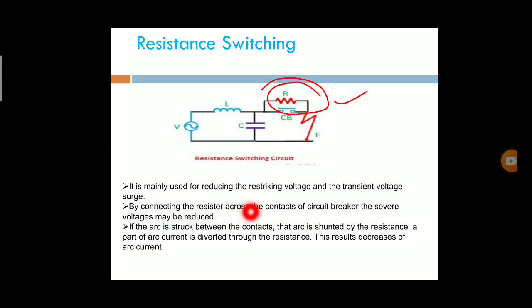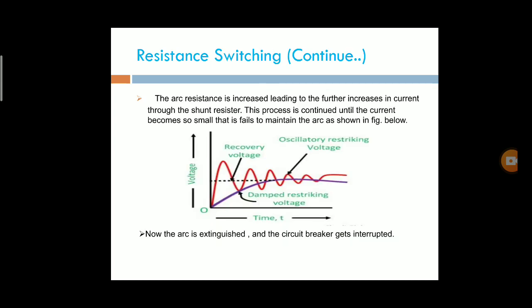If the arc is struck between the contacts, the arc is shunted by a resistance. A part of the arc current is diverted through the resistor. This results in a decrease of current. Next, the arc resistance is increased, leading to a further increase in the current through the shunt resistor.